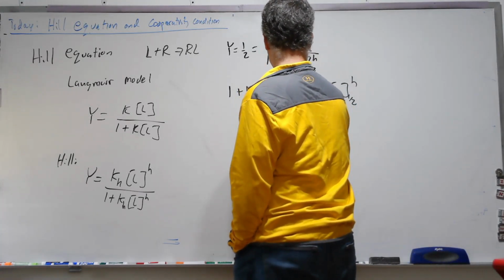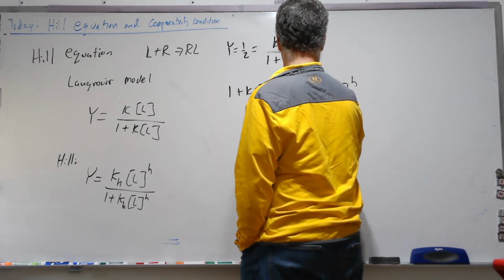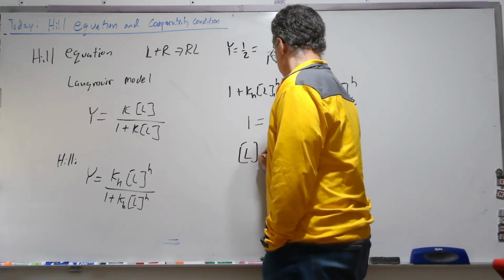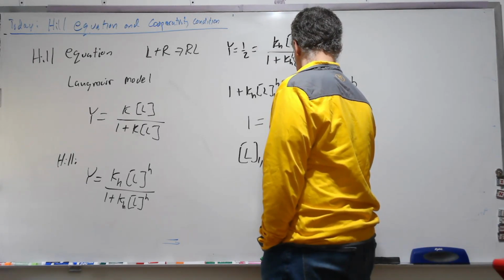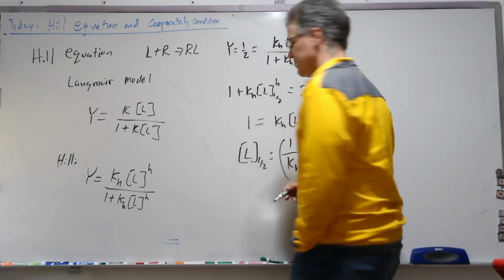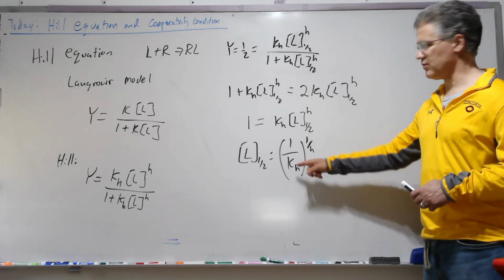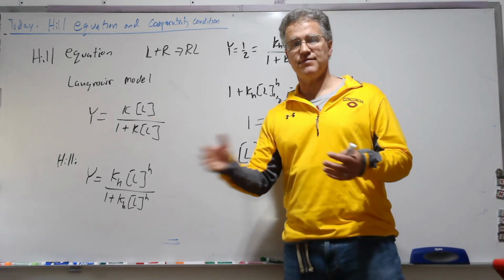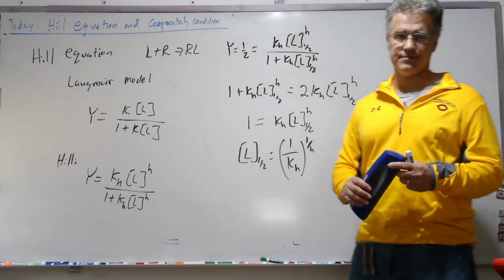So I get 1 equals KH L 1/2 to the H. So L 1/2 to the H, or L 1/2, is 1 over KH to the 1 over H. It's the H-th root of the equilibrium constant. Now, H could be an integer, it doesn't need to be, it's just some variable parameter for the Hill model, but certainly could be an integer.